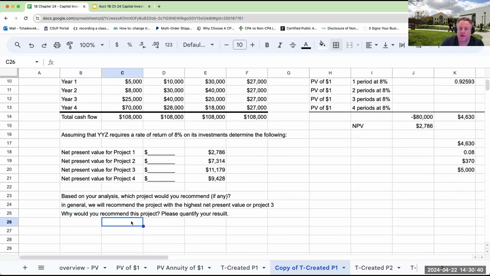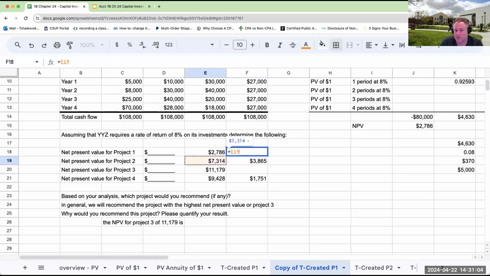Please quantify our result. Well, the net present value for project 3 of 11,179 is 1,751 higher than project 4, and also 3,865 higher than project 2, and it is 8,392 higher than project 1.